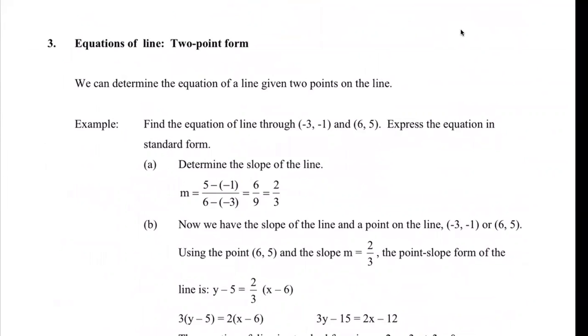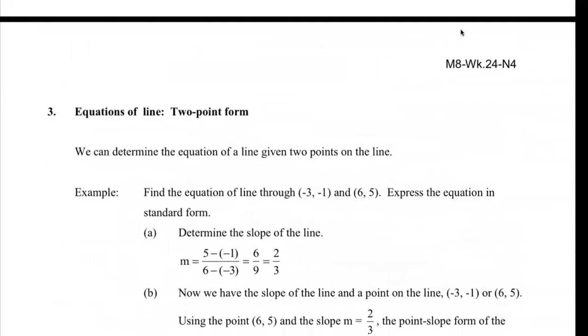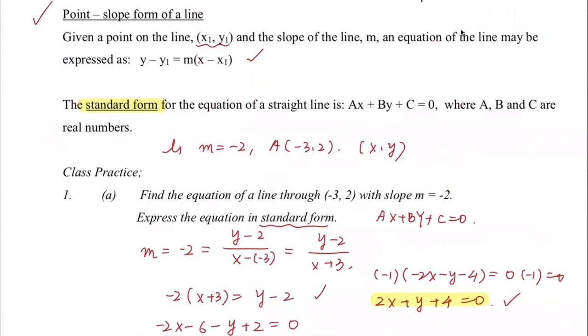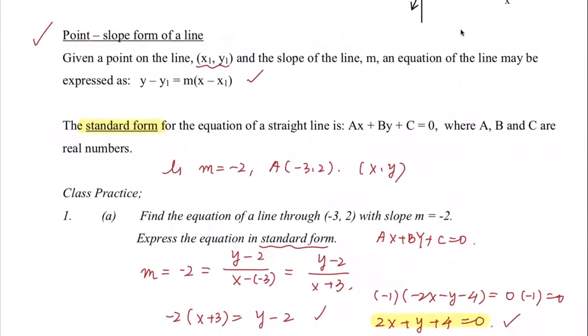When we have 2 points, let's say 0, 2 and 5, 3, instead of using the slope right away, we have to find the slope first, right? With point slope form, the slope is given. This is why it's called point slope form of a straight line.